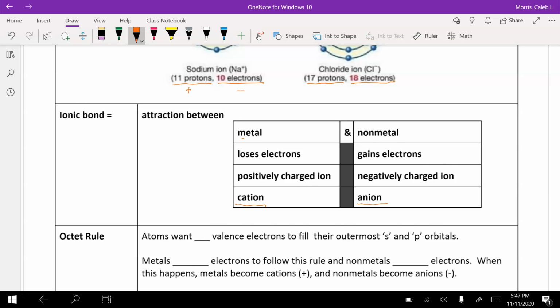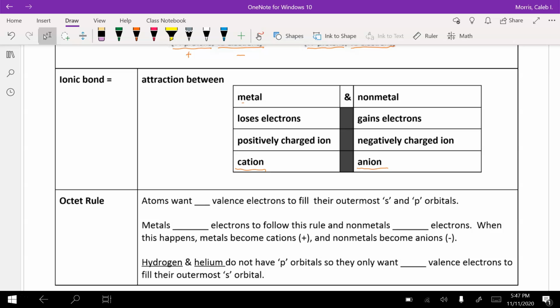There are a couple of different ways to remember this, but one way to remember that the cation is the positive ion is by writing it like this. The cat ion is positive because cats have paws. I know it's corny, but if it helps you remember it, then that's great.